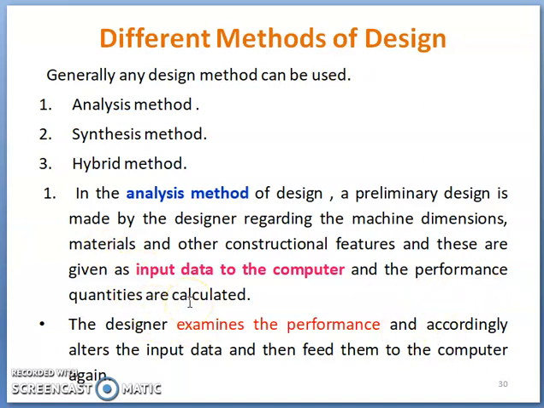In the analysis method, after doing some preliminary design, the designer feeds that information as input to the computer. Then after feeding, the designer examines the performance and accordingly alters the input data and feeds it to the computer again. This is the second step.